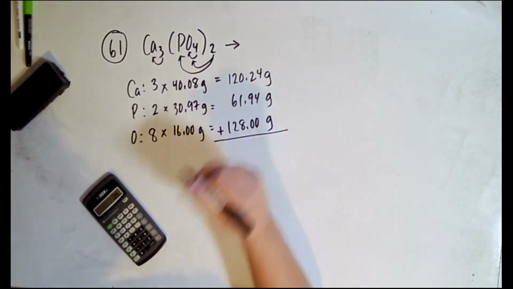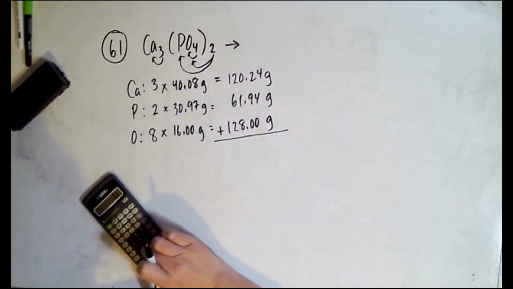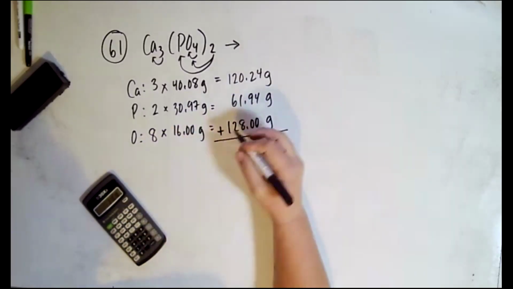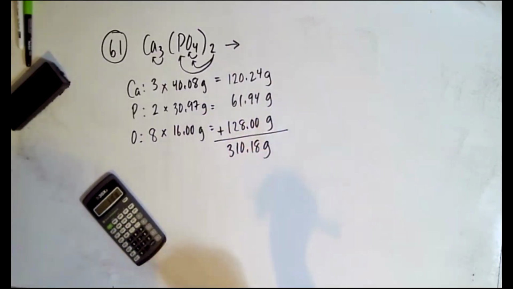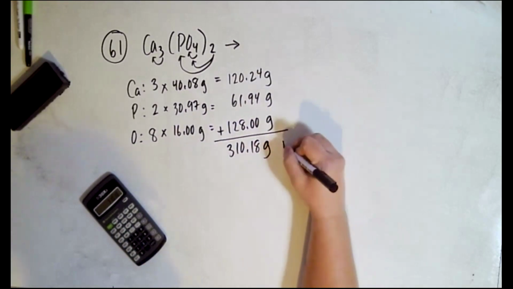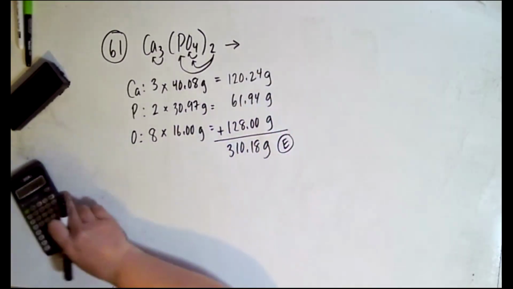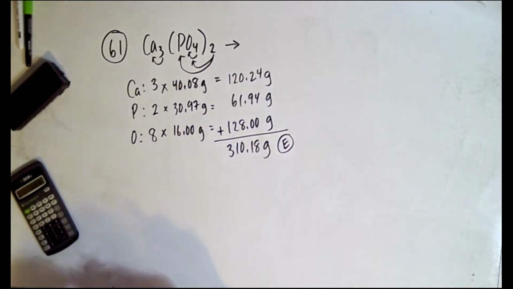And then we'll add all those together. So we end up with answer choice E. That's going to be our molar mass for our calcium phosphate.